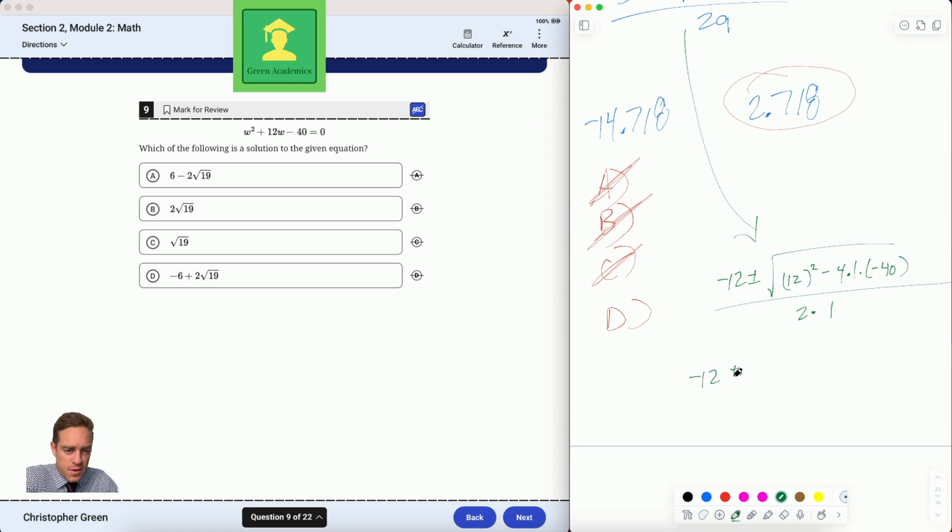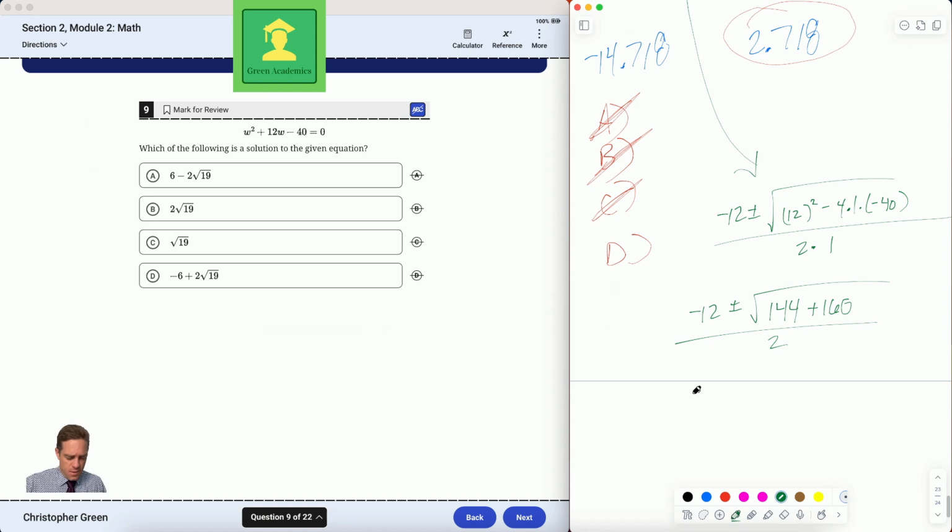Negative 12 plus or minus the root of 144 plus 160, over 2. That is negative 12 plus or minus the root of 304, divided by 2.